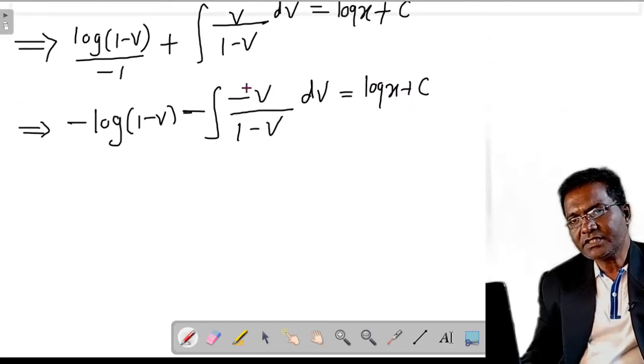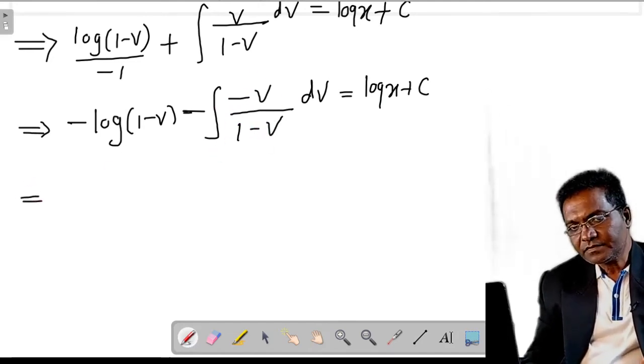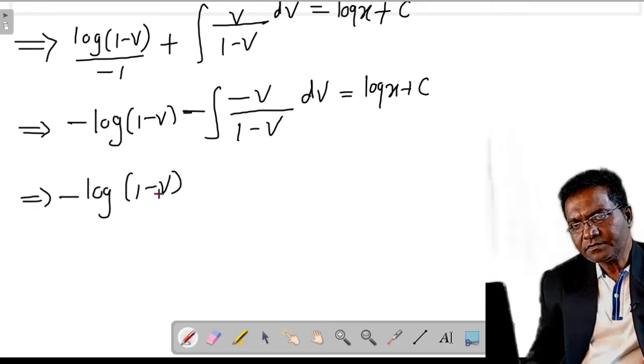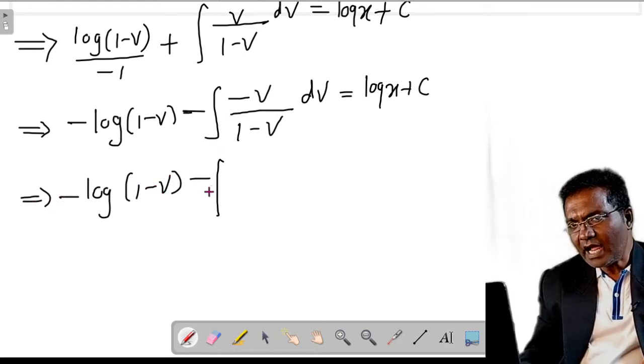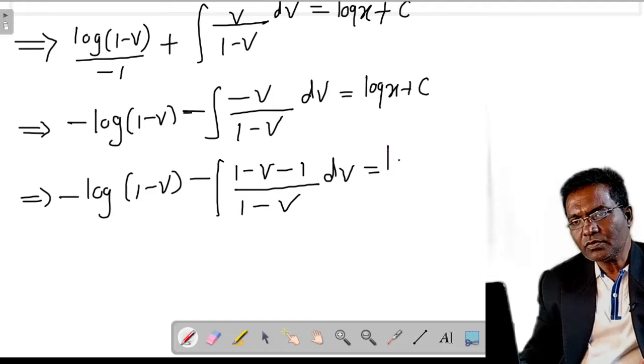Okay, so just to convert the numerator as the denominator, it's minus log of 1 minus v minus, now I can add and subtract 1 in the numerator. So the integral of (1 minus v minus 1) divided by (1 minus v) dv equals log x plus c.